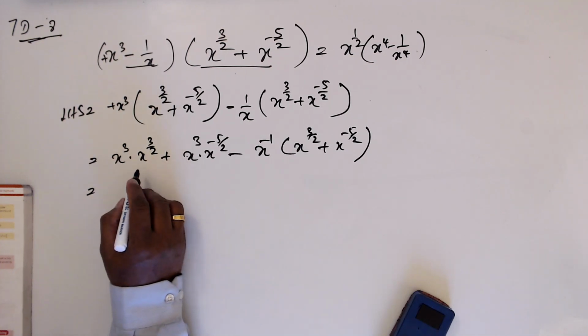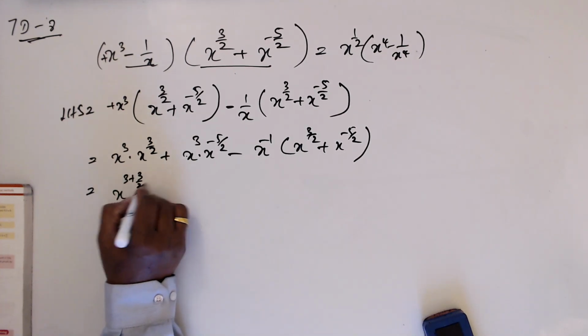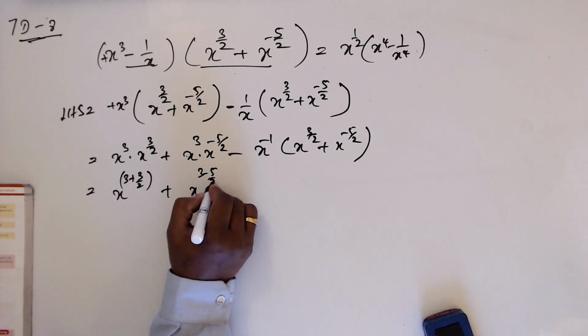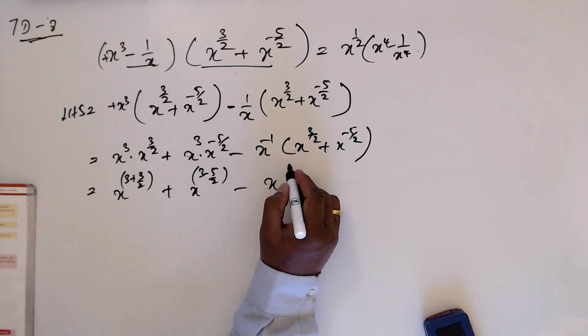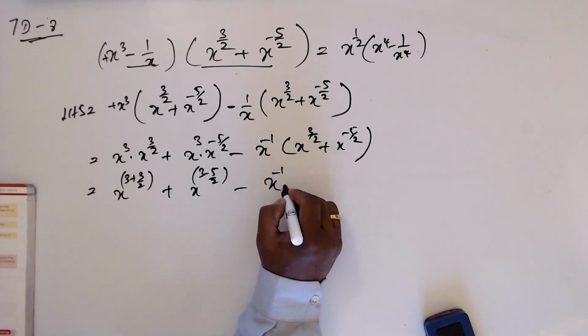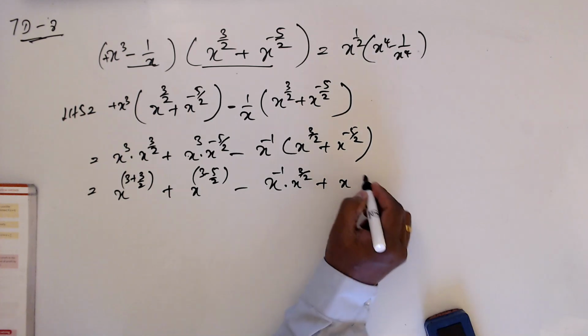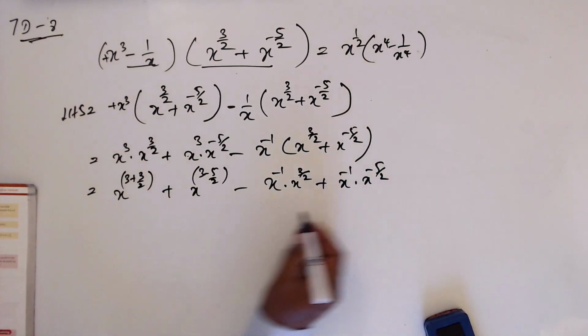This is going to be x to the 3 plus 3 over 2, x to the 3 minus 5 over 2. This is going to be x minus 1 times x to the 3 over 2 plus x minus 1 times x to the minus 5 over 2.